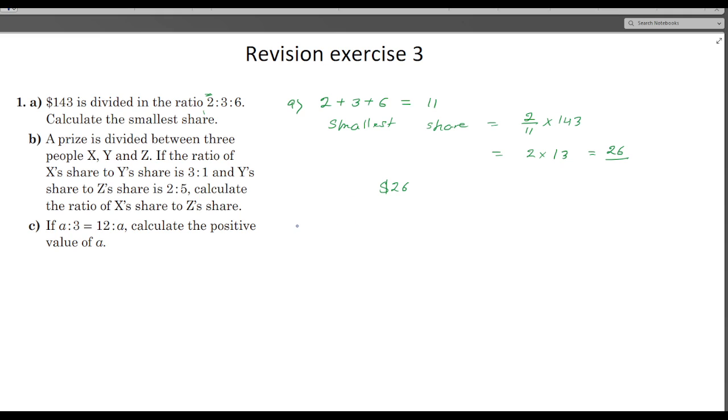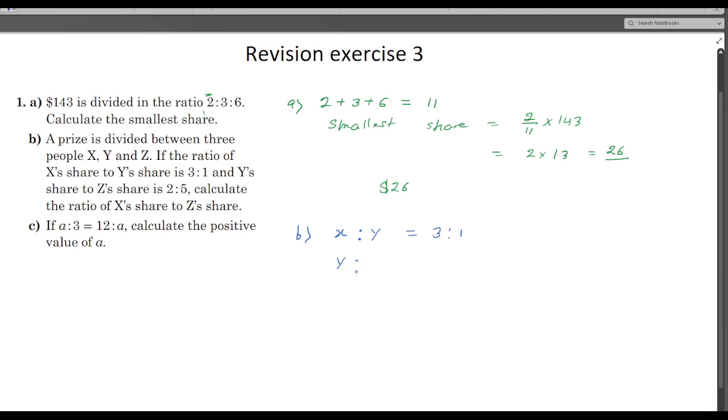So here in B part, you have given X share ratio Y share as 3:1, and you have given Y share ratio Z share as 2:5, and I need to find out X share ratio Z share.